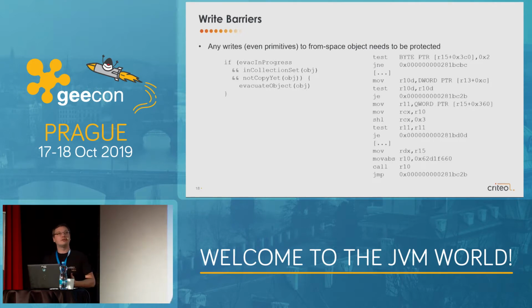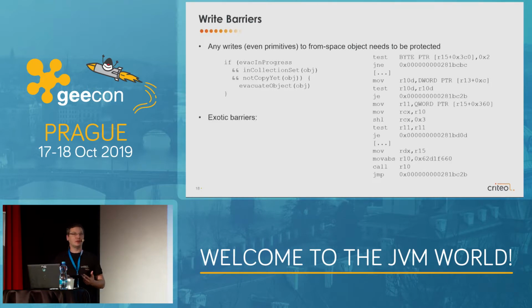Again, we have another overhead to execute those barriers to ensure the invariant is not broken. So for any write, we have to check if the evac-in-progress flag, for example, is enabled or not. And then we check if the object is in the collection set of regions that need to be evacuated, and then if the object is already copied or not, then we evacuate the object and update the Brooks pointer.